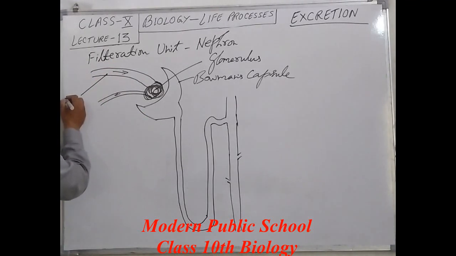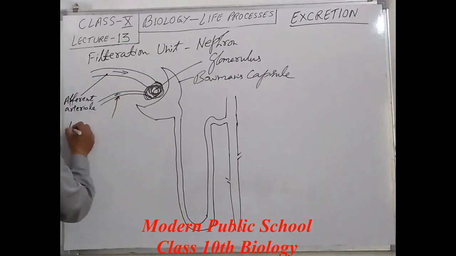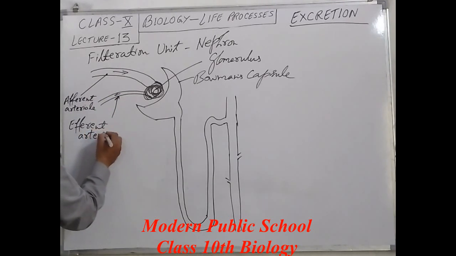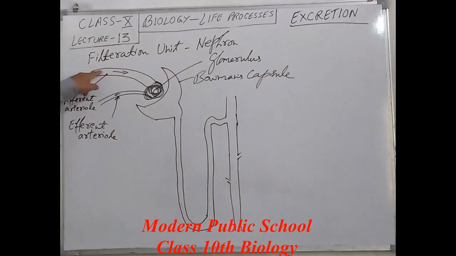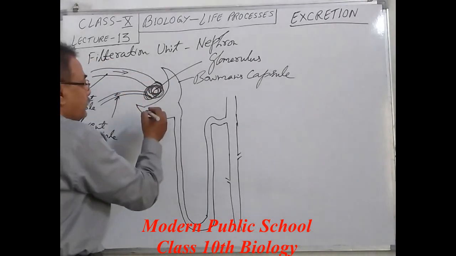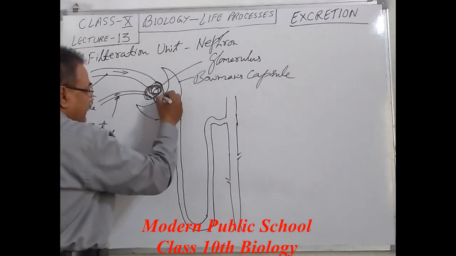This is the afferent arteriole. This is the efferent arteriole. The diameter of the afferent arteriole is greater than that of the efferent arteriole. Here a pressure is created, and due to this high pressure, filtration takes place.